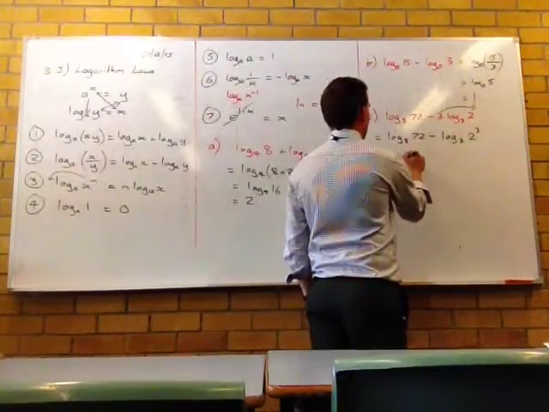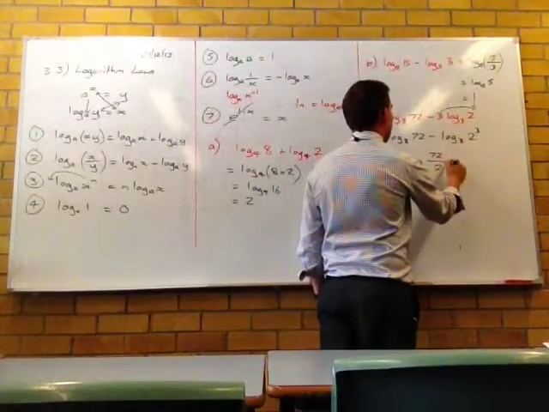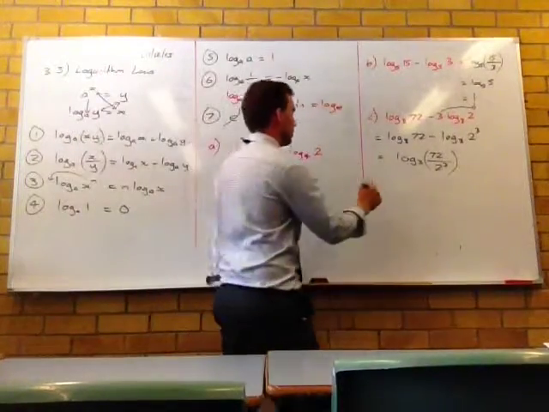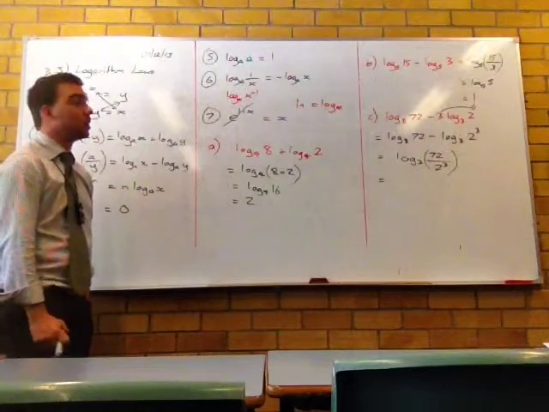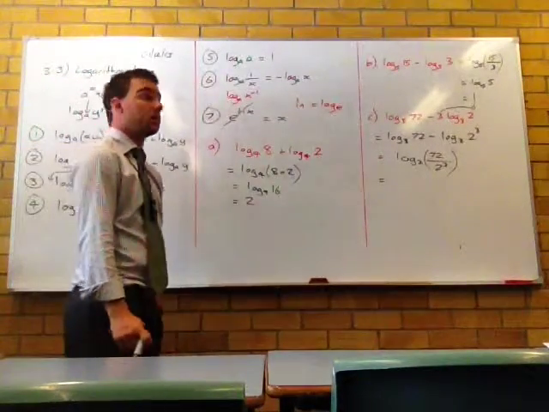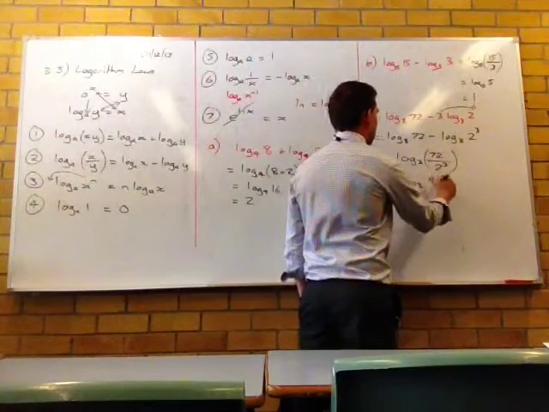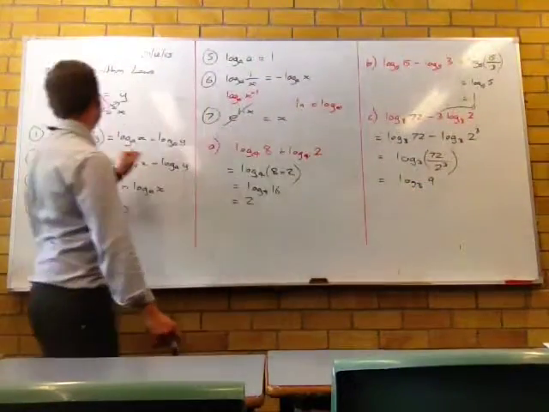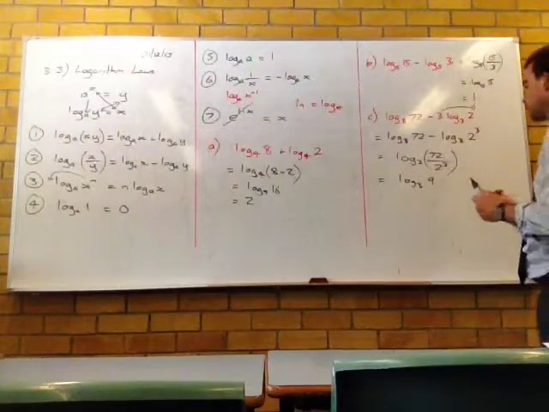So log base 3 of 72 divided by 2 to the power of 3. 2 to the power of 3 is 8. 72 divided by 8. So 8 times 9 is 72.